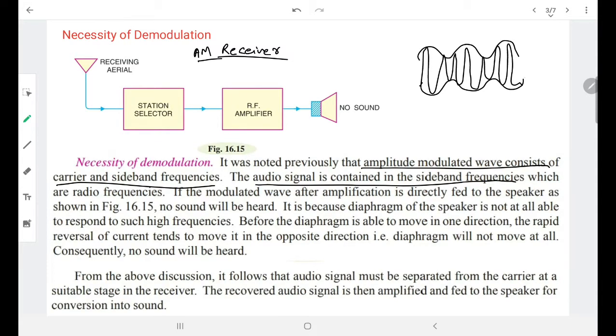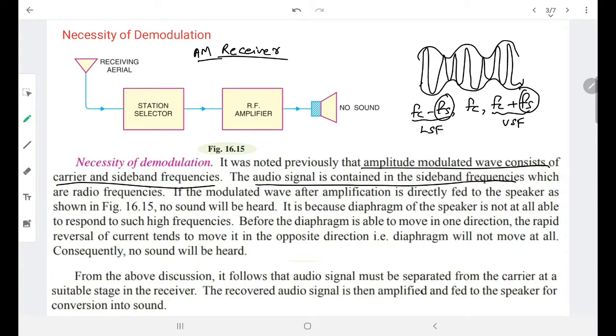In the frequency spectrum we have seen the frequencies Fc minus Fs, Fc and Fc plus Fs. Fc minus Fs and Fc plus Fs are called the lower and upper sideband frequencies. We have the audio signal in these sideband frequencies, and the sideband frequencies are radio frequencies.